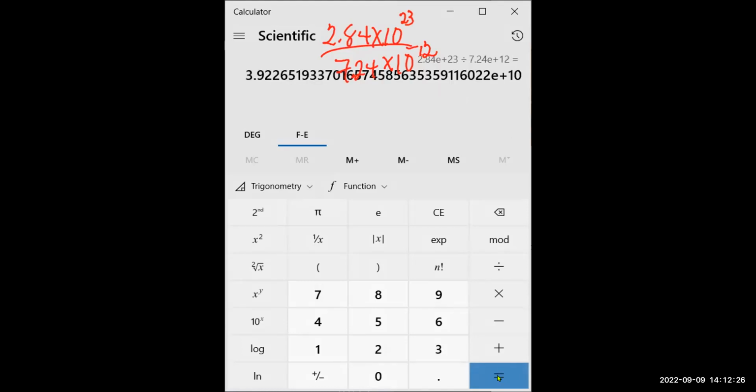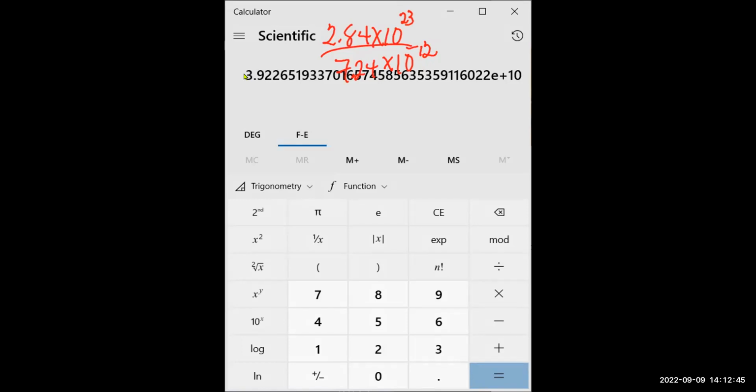Now what it gives you depends on the calculator. Here the Windows calculator gives you the number with all the digits. I can convert it all the way back to longhand or put it back in scientific notation.